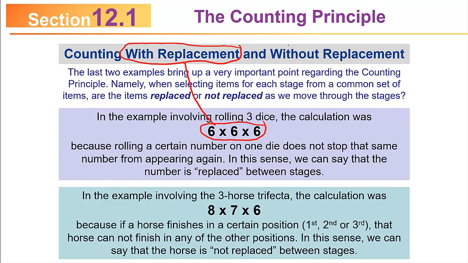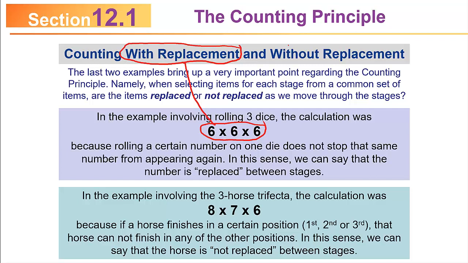With a die roll, when you roll a die and get a certain number, that number is certainly available to be rolled again. So that's sort of with replacement. But with horses and placing in first, second, or third, a horse cannot place second if the horse has already been a first place winner, and cannot finish third if that horse has placed first or second.